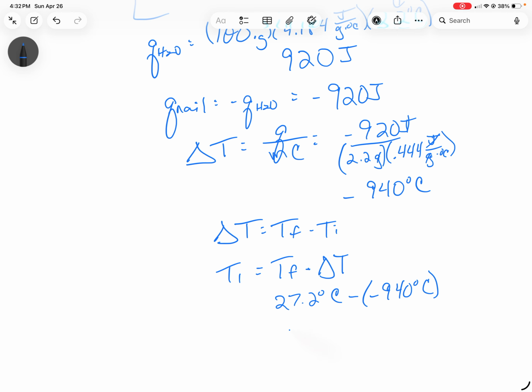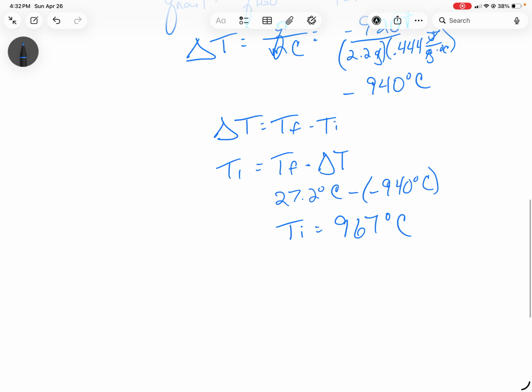So T initial was 967 degrees C. I think that's right. Okay, that's one of those something hot going to something cold problems.